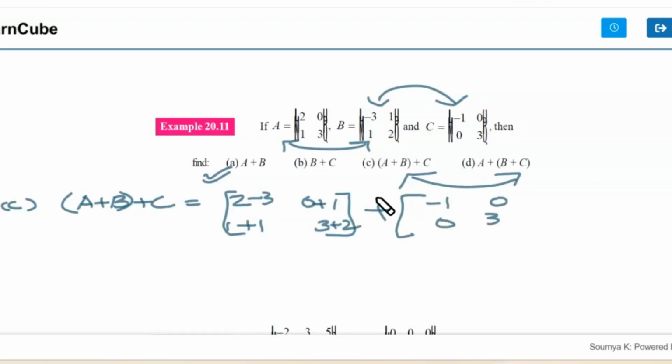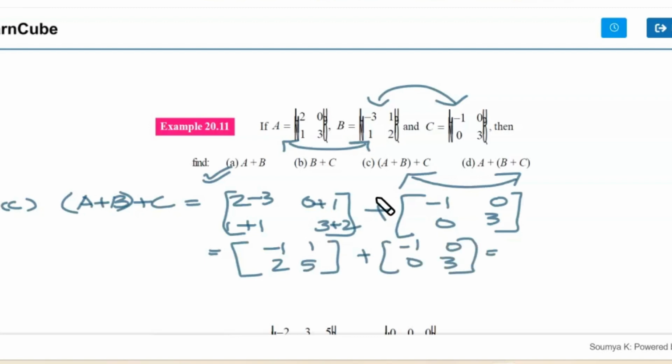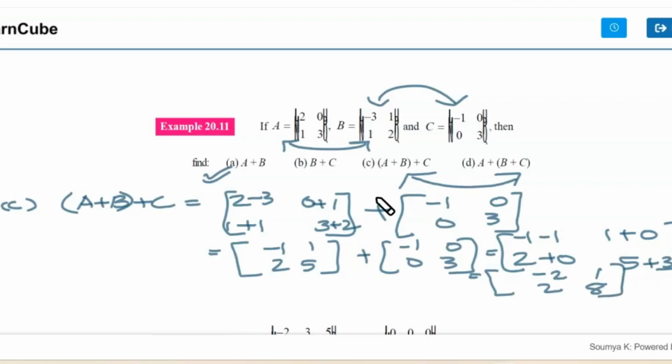That means like this: minus 1, 2, 1, 5 plus minus 1, 0, 0, 3 gives you the solution as minus 1, 1 plus 0, 2 plus 0, 5 plus 3, which gives you the solution as minus 2, 2, 1 and 8. Let's keep this as the result of your C. This is the solution. Now let's solve this D.